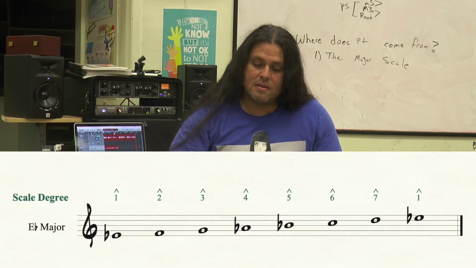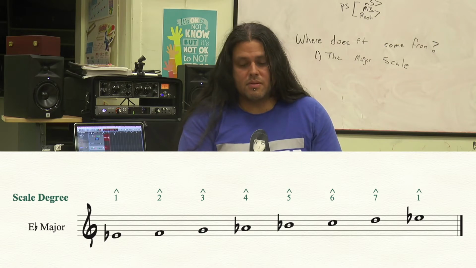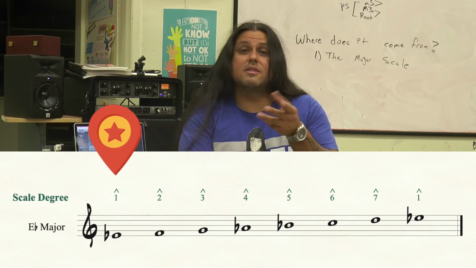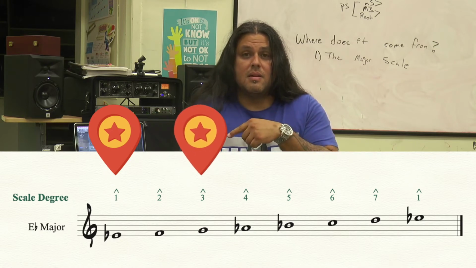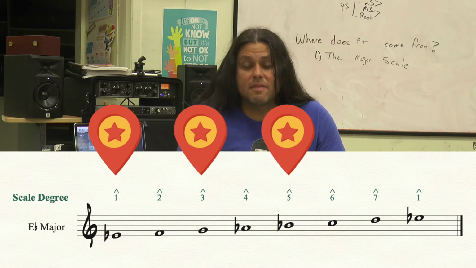Let's try an E flat major chord. So let's look at the E flat major scale. Start with the root, E flat, build a third above that, just stay in the scale, G, and a third above that, B flat. There is my E flat major chord.